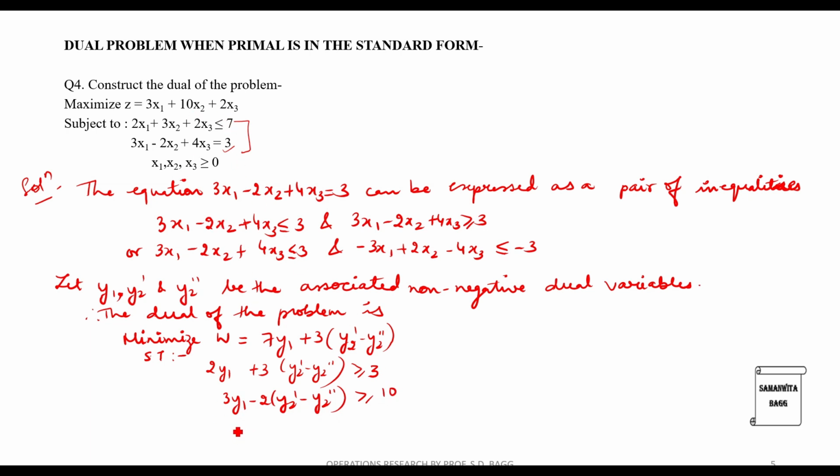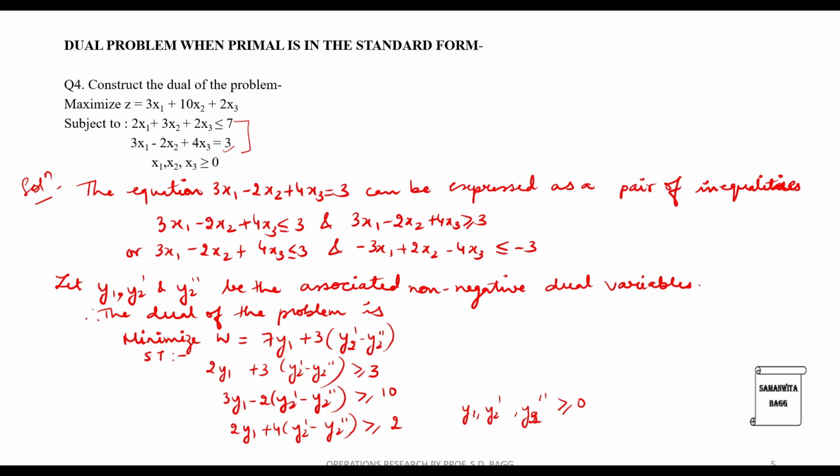And for x3: 2y1 + 4(y2 dash - y2 double dash) ≥ 2. Now at the end, y1, y2 dash and y2 double dash are all greater than or equal to 0. So this becomes the way of writing.